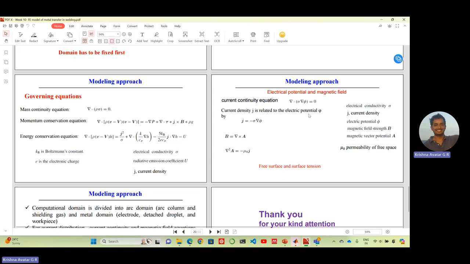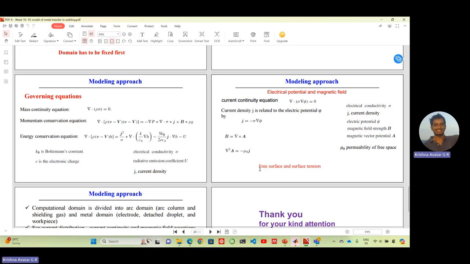B vector is the magnetic field strength, or we also call it magnetic flux density, and this is equal to the curl of A vector, where A vector is our magnetic vector potential. So the Laplacian of A vector is equal to minus mu naught times J, where mu naught is the permeability of free space.